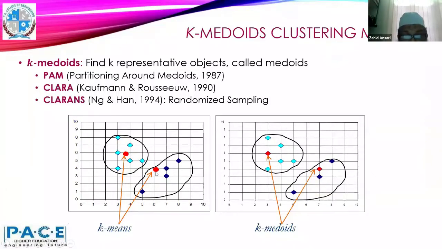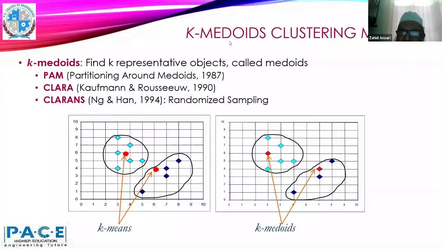They need not be real objects; in fact, most of the time they are not. But in k-medoids clustering, the center, which we call the medoid, is the most centrally located data object itself. So in this case, these are the two medoids.